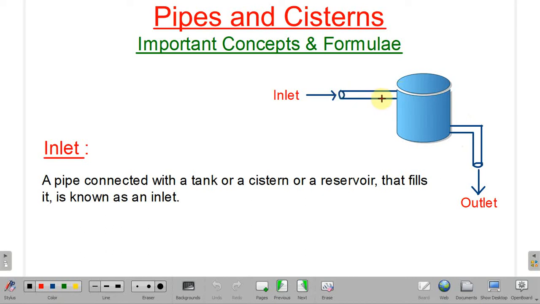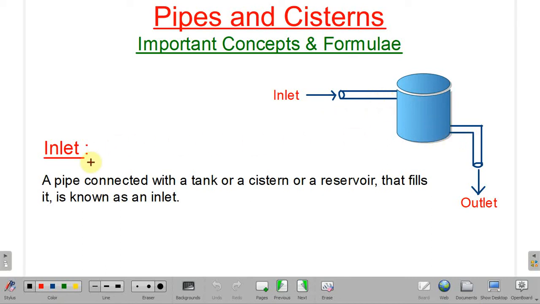So this pipe which is filling the tank is called the inlet pipe, and the pipe which is draining the tank is called the outlet pipe. Okay, so the outlet pipe will empty the tank and the inlet pipe will fill the tank. If you observe, the level of the inlet pipe will always be above the level of the outlet pipe.